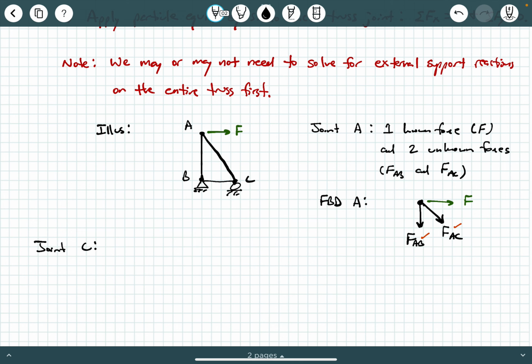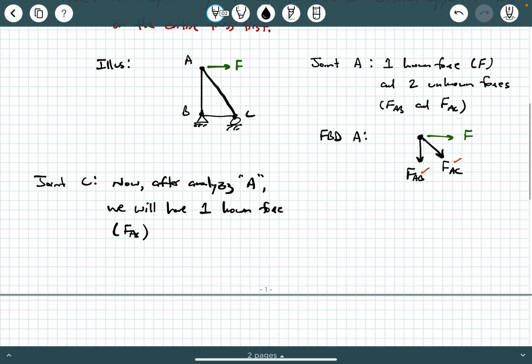Now, what's happening at C? Well, after analyzing A, we will have one known force at C, and that'll be FAC, okay?